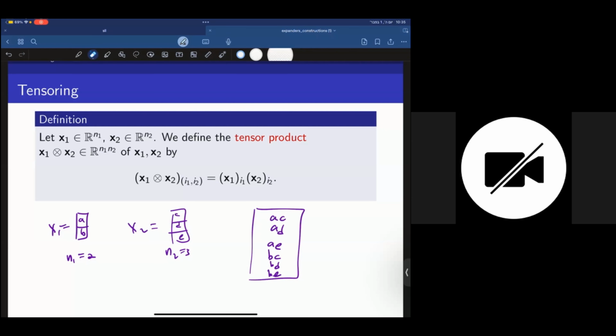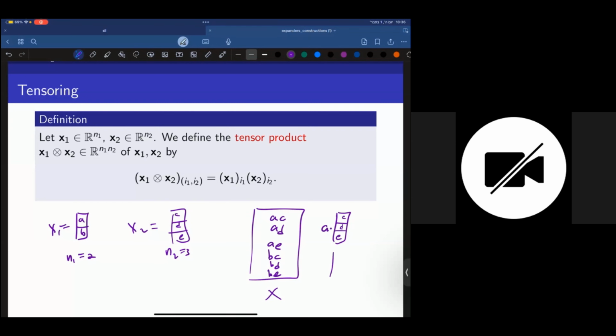But really the best way to think about it is not like that. It will be equivalent, but you shouldn't think of it like that. You should think of it as: every entry of x1 opens to a cloud. We'll call it a cloud of 3 entries. And you place x2 in the cloud and multiply everything by a, the first entry of x1.